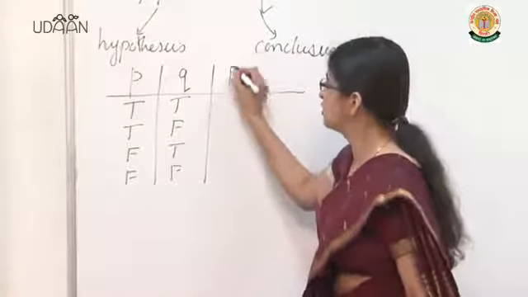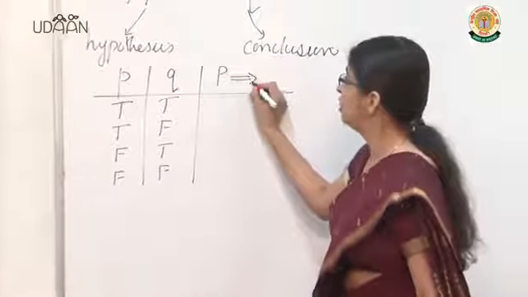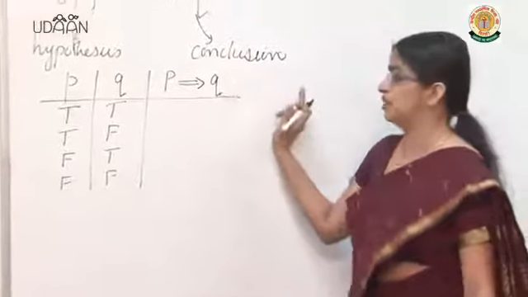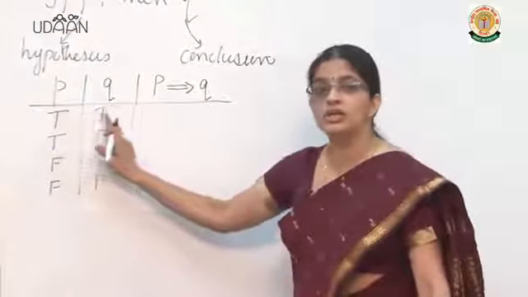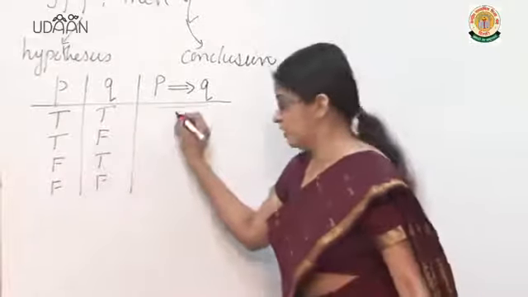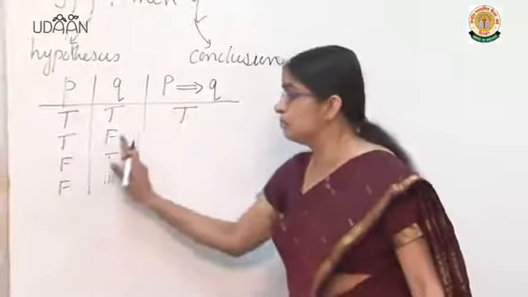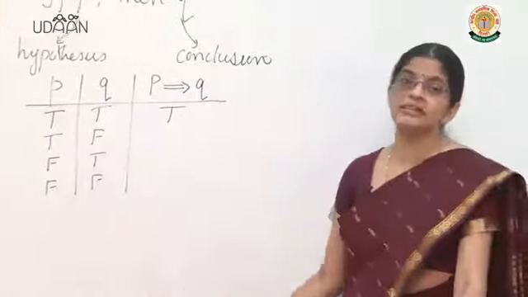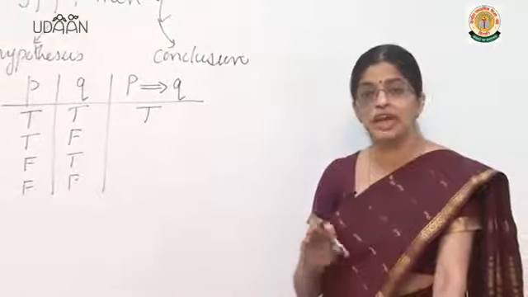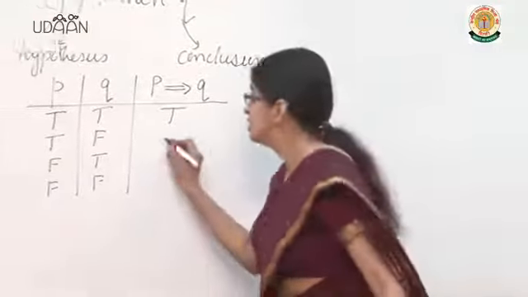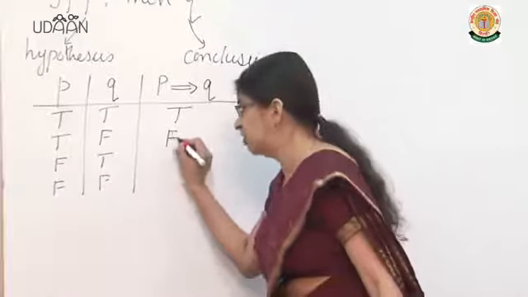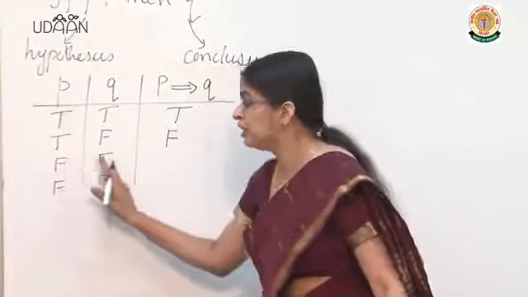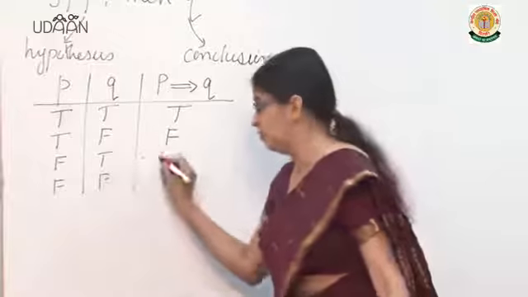The truth value of P implies Q is given as follows. True implies true is always true. True implies false is considered false, as a true statement can never give a false statement. False implies true is true.